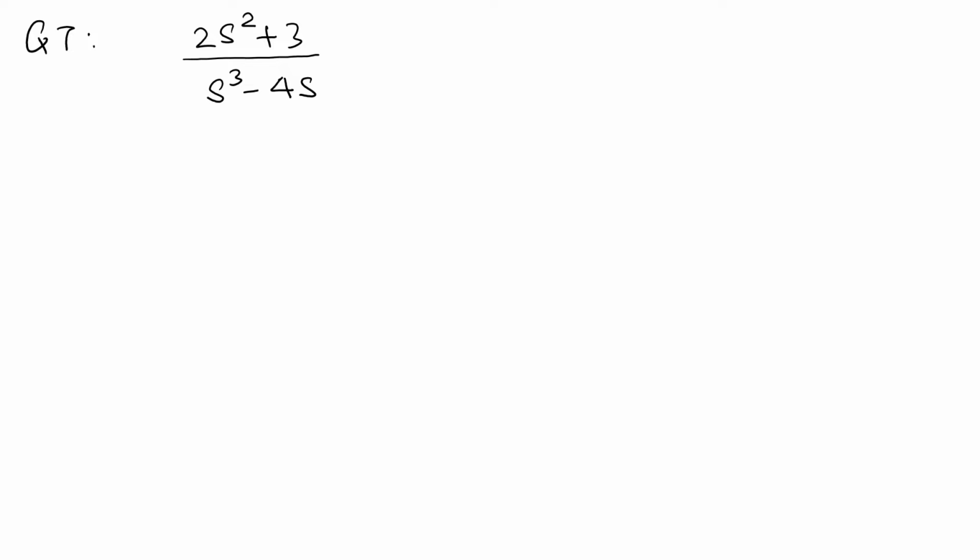So as the next one, we have 2s squared plus 3 over s cubed minus 4s. And you can see the bottom is not factored, so we do the factoring first. So you can write this one as 2s squared plus 3 over, if you pull s out, s squared minus 4. And you can see the bottom you can factor more.